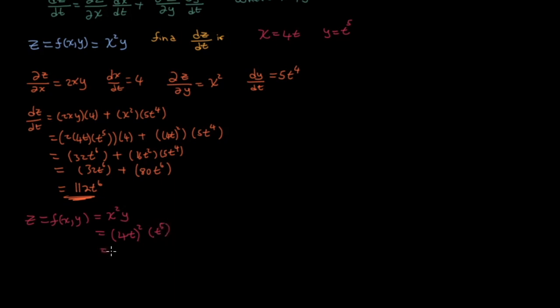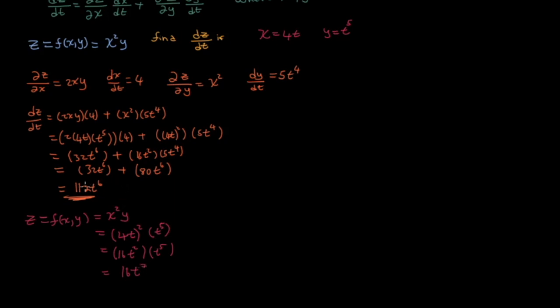And then from this point on, we are going to multiply this out, so we get 16t squared, and then we have just t to the power of 5. And so what we can do here is add the exponents. So we have 16t to the power of 7.